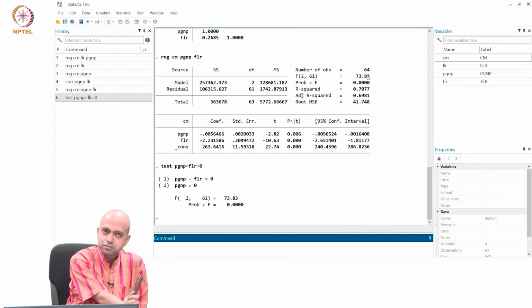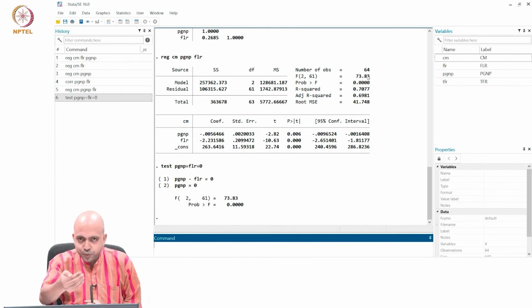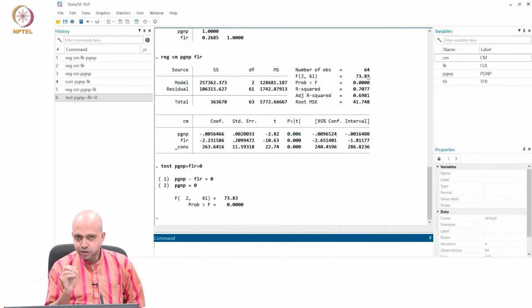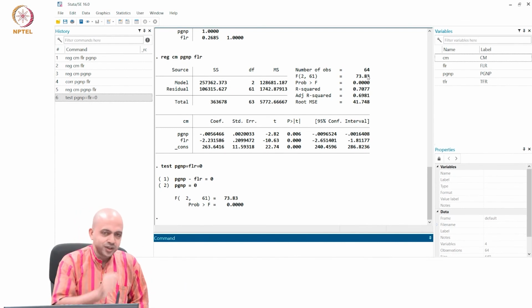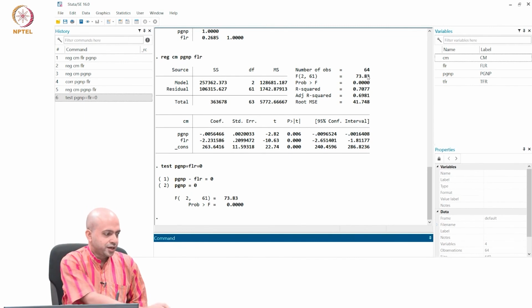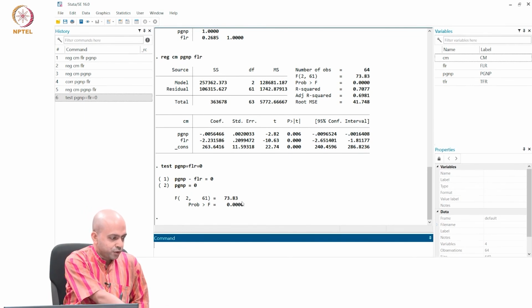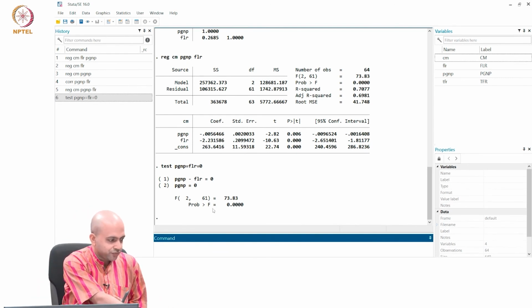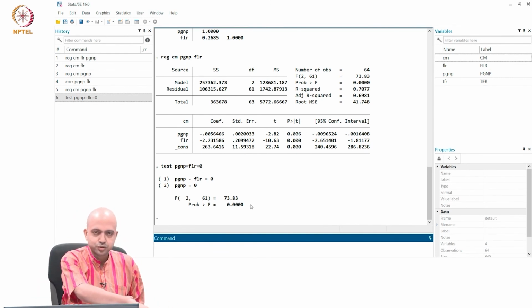exactly the same. So, what we have computed manually by taking ESS by its degrees of freedom, RSS by its degrees of freedom, and then the ratio of that, the same value arrives if we put the test command in Stata, and the value is 63.83 with the same degrees of freedom 2 and 61, and the corresponding P value is 0.0000.